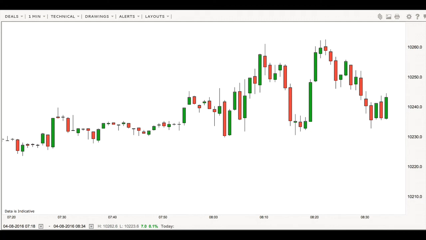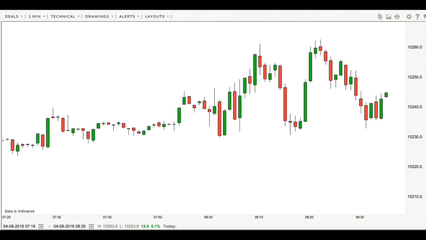You'd be looking for a series of opposite bars at the bottom or the top of a range. Red, green, red, green. And it looks now as though it's moving back up to the top of the range again.